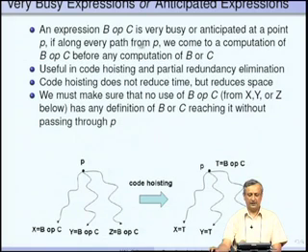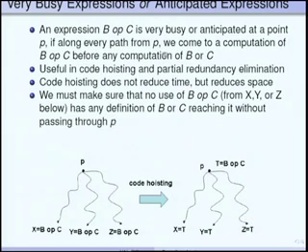So, an expression B of C is very busy or anticipated at a point P if along every path from P we come to a computation of B of C before any computation of B or C. This very busy expression is useful both in code hoisting transformations and also in partial redundancy elimination transformation.